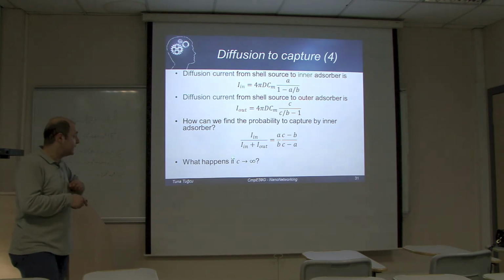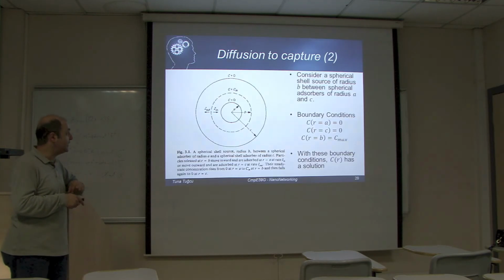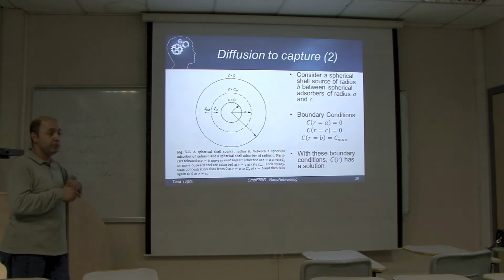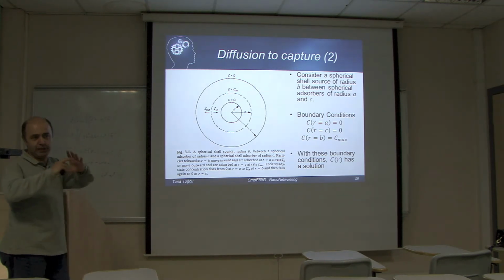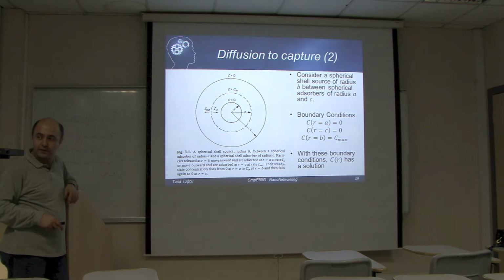Now if you take C to infinity, taking C to infinity here means taking this outer adsorbing surface away. There's nothing like that. If you make it infinitely large, that would mean actually you don't have it. Okay?